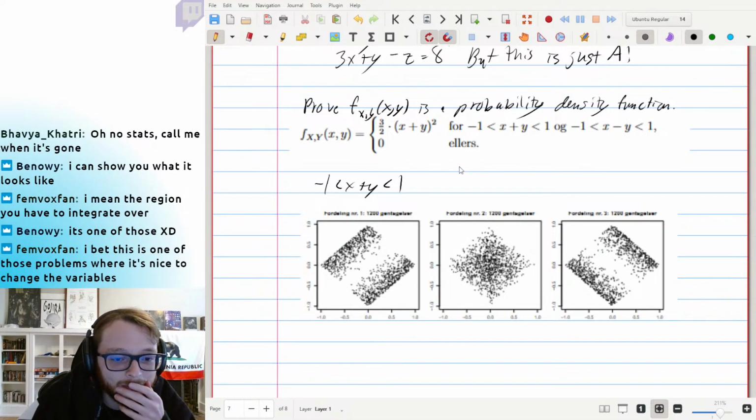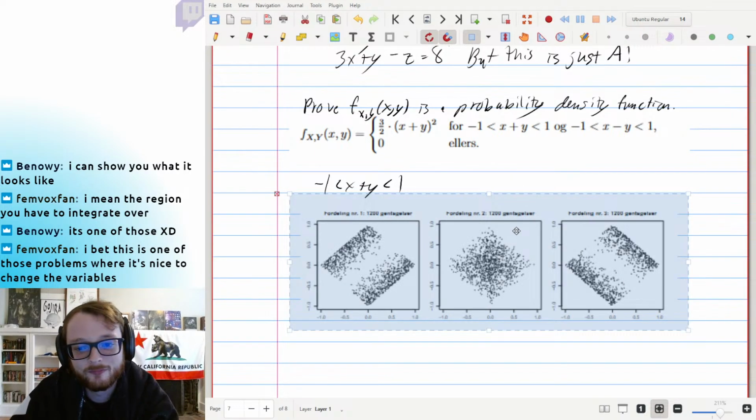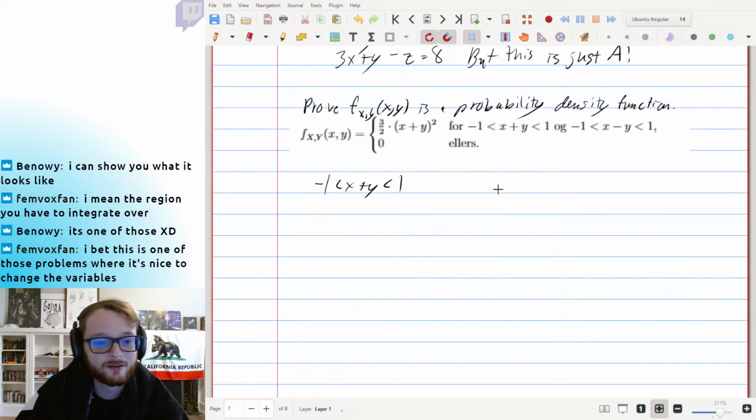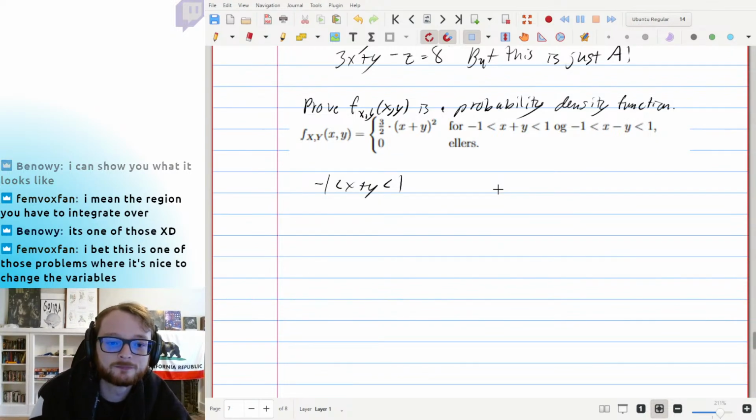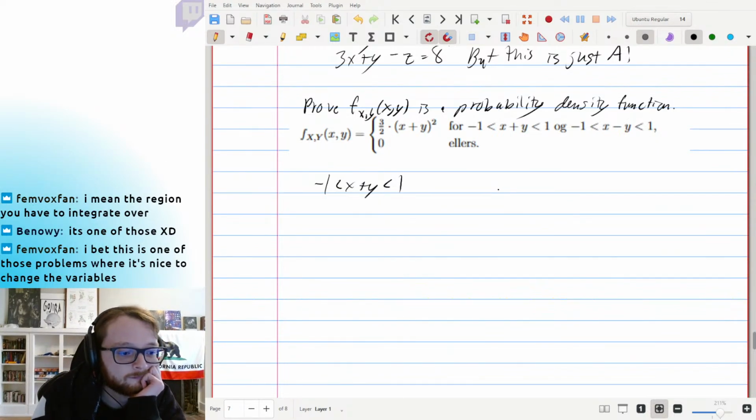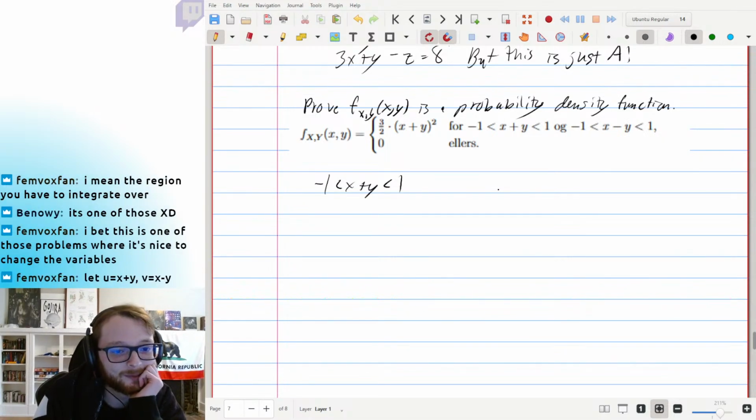Yeah, I was just thinking polar coordinates, but it's not quite so clean. Ooh, you're okay. That's a different change of variables. Okay. Well, I want to figure out the bounds.